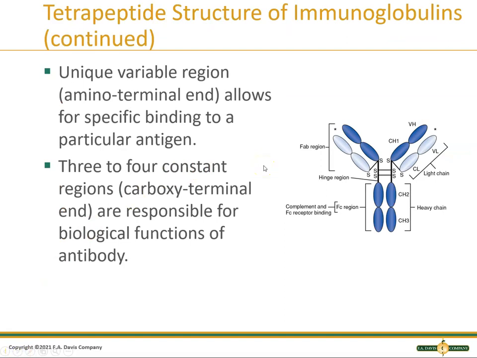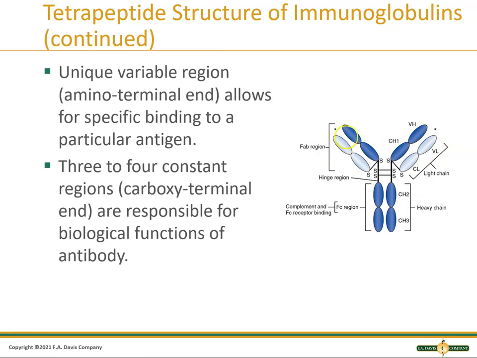There is a unique variable region at the amino-terminal end, which allows for particular binding. That's this part up here where the little asterisk is. That amino-terminal variable region allows specific binding to specific antigens.